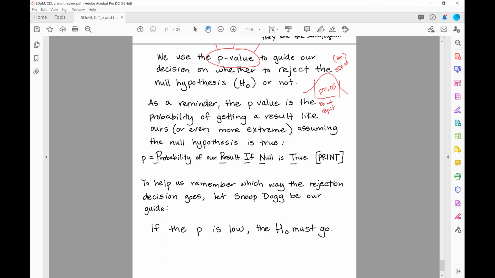If the p-value that we get from the computer is smaller than 0.05, that means it's either in this slice or it's in this slice. And those are the cases where we're going to reject the null.